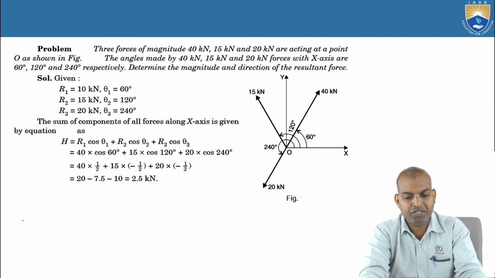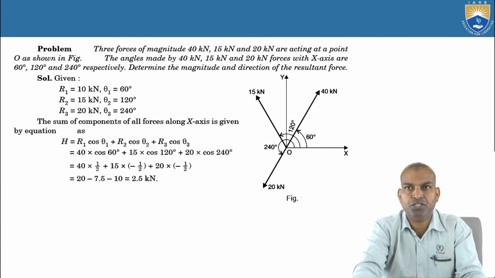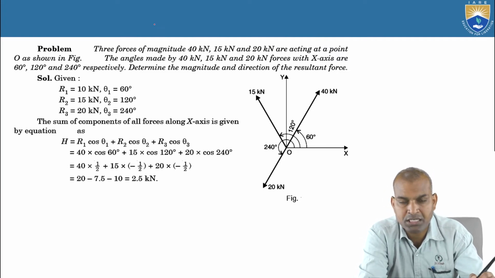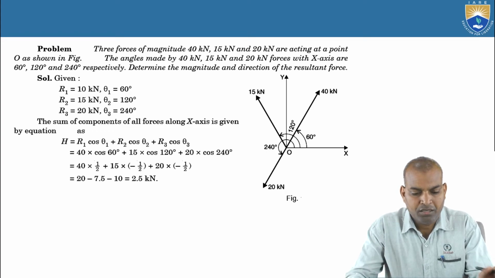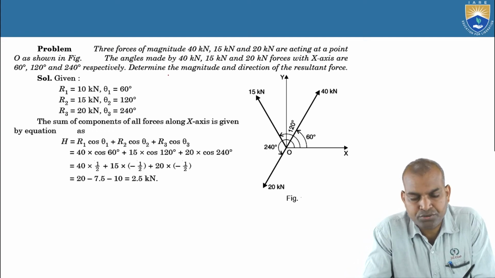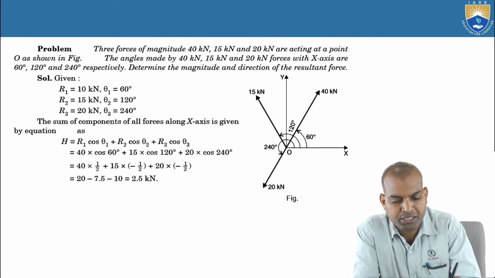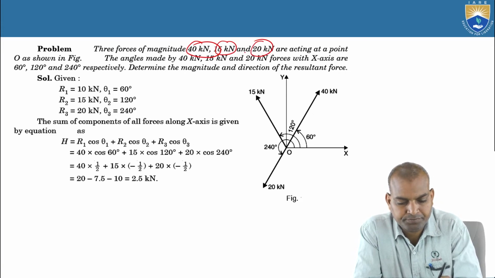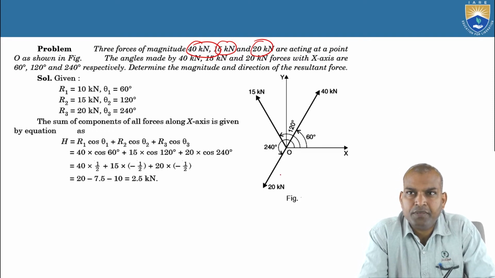Okay, let us begin with another problem so you can understand better. There are three forces acting, of magnitude 40 kilonewtons, 50 kilonewtons and 20 kilonewtons, at a point O as shown in this figure.